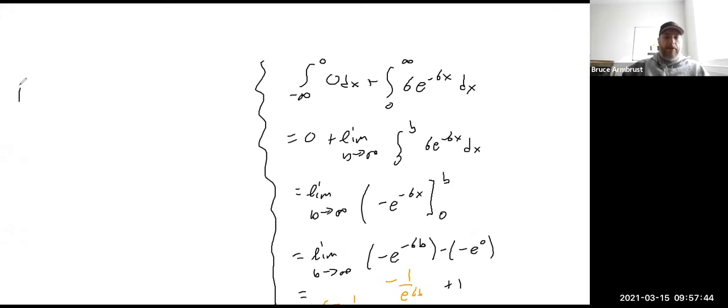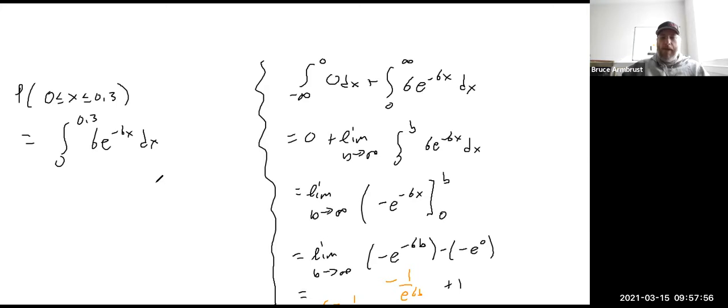So if I want that probability, that's just going to be an integral from 0 to 0.3 of 6e to the minus 6x, which I think you see how easy that is. We get the same antiderivative, we just plug in those numbers. So I'll leave that as a calculator exercise. All right, but it sounds like we're good for that one.